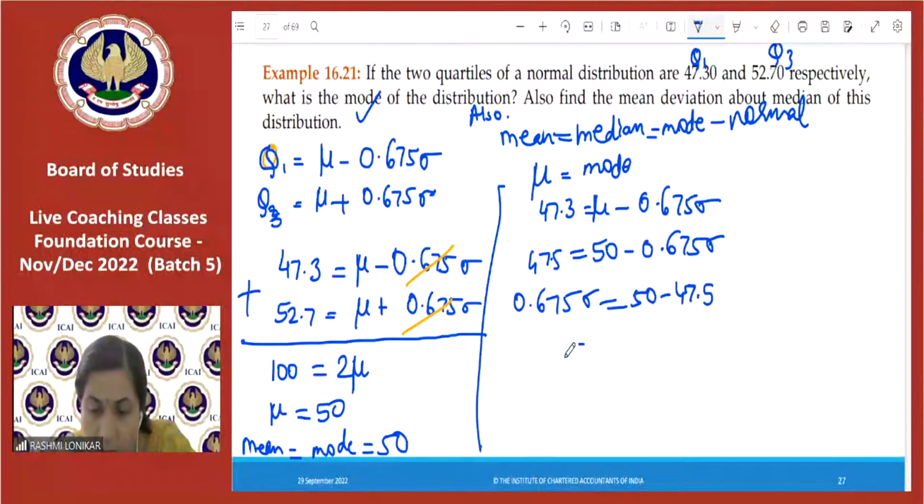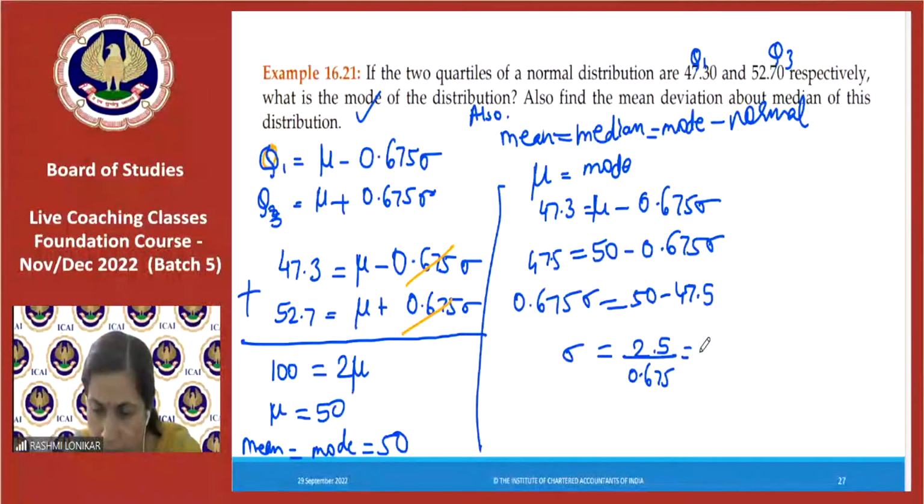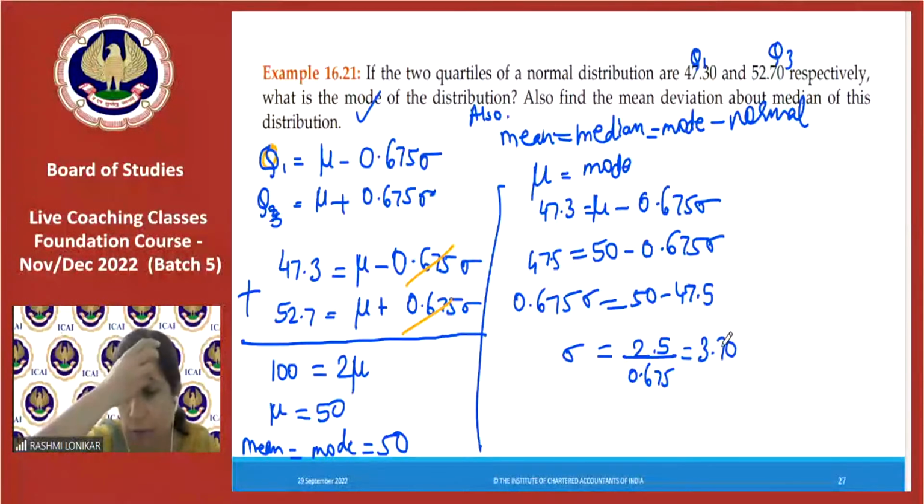And sigma will be equal to, how much is 50 minus 47.5? It is 2.5. So 2.5 divided by 0.675 is equal to 3.7. Okay, so here we have found sigma.